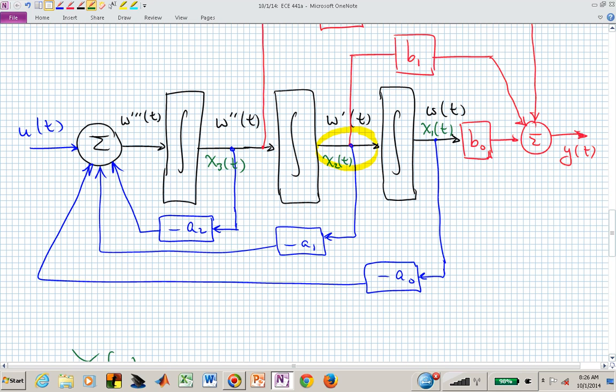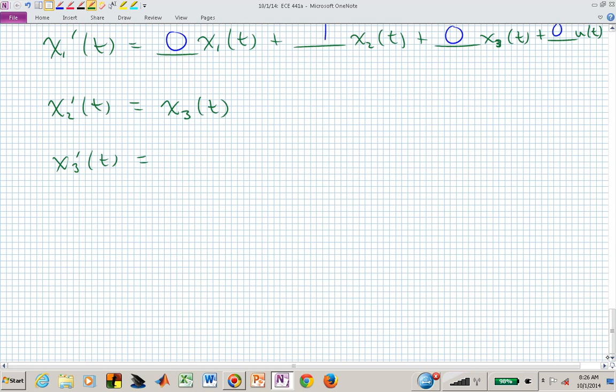That's x3 prime. Does everybody see that and where that's coming from? Let me do it in the order: it's minus a sub 0 x1 minus a sub 1 x sub 2 minus a sub 2 x sub 3 plus u.